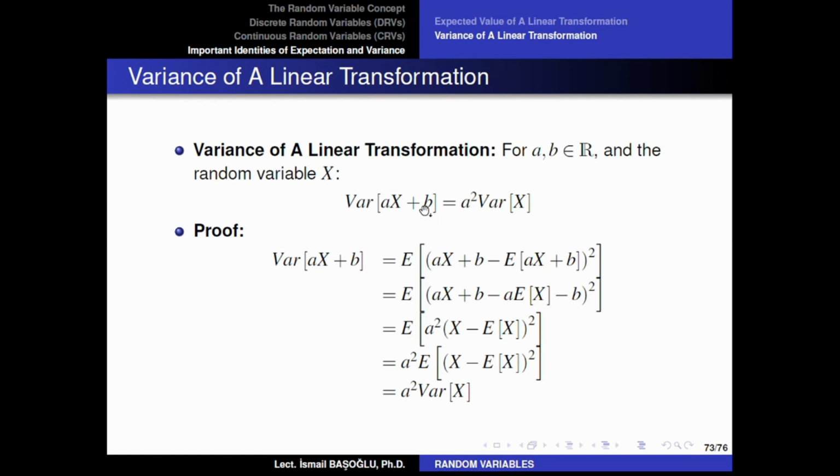You cannot take the b outside. b does not change the variance. Why? I have told you that the variance is a measure of spread over the real line, so how the potential values that this random variable can take over the real line are spread. For example, we know the variance of the output of a die was 35 over 12.